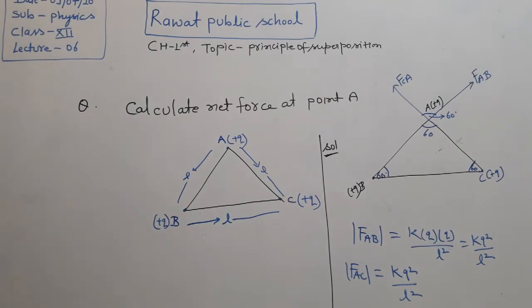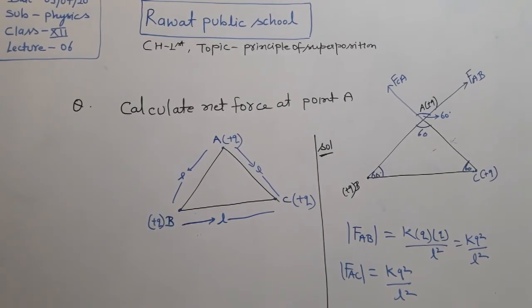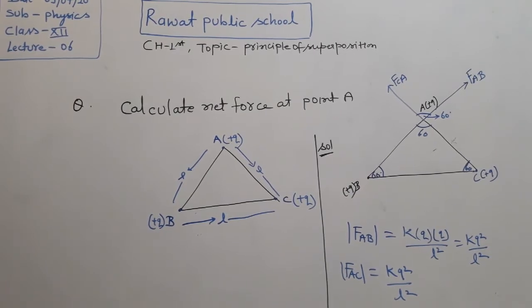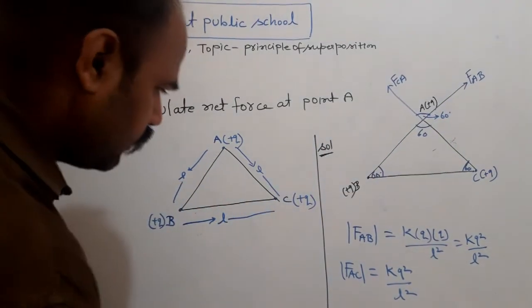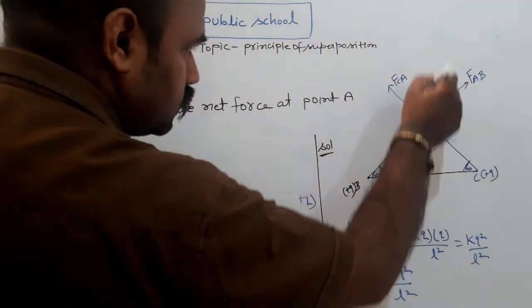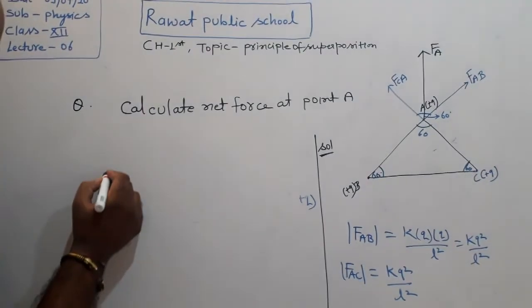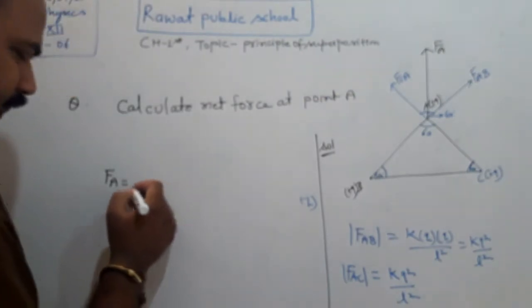So step first, draw the direction of force. Step 2, calculate their magnitude. Step 3, apply vector addition. So what is vector addition? Here we have two forces, FCA and FAB. This is the net force at A. FA is the resultant of FAB and FCA.